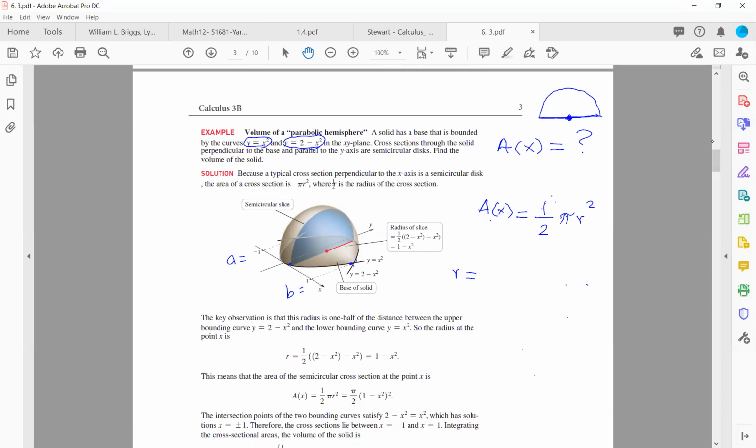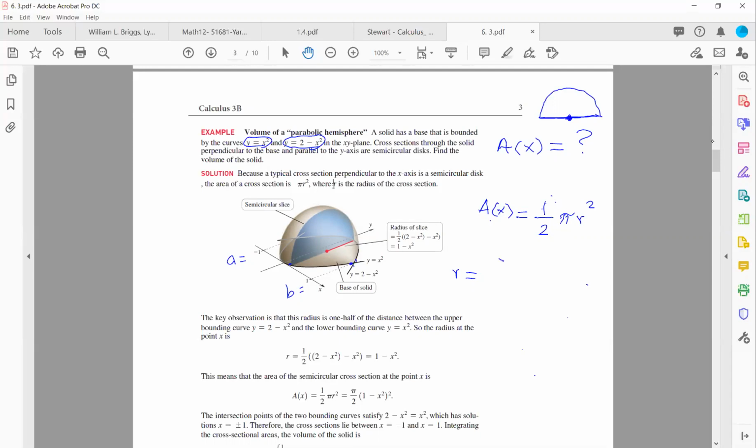So your r is equal to, so first of all, we need a coefficient. I'll explain why we need a coefficient here. The upper function, 2 minus x squared.